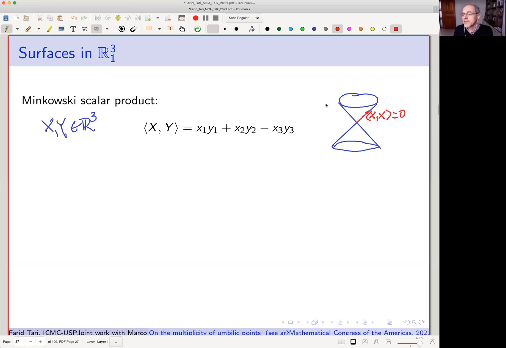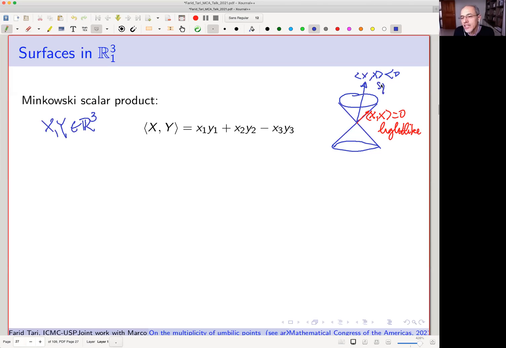So in the Minkowski space, you have to be careful with these vectors, which have norm equal to 0. Vectors inside this cone have negative scalar product. For example, if you take x1, x2 equal to 0, and you take x, you will get minus x3 squared, so it is negative.